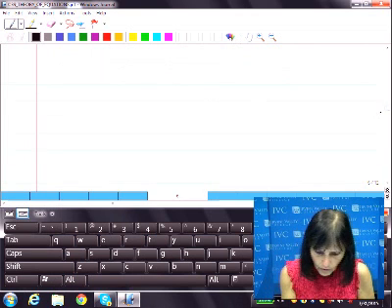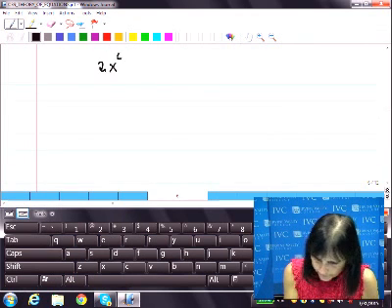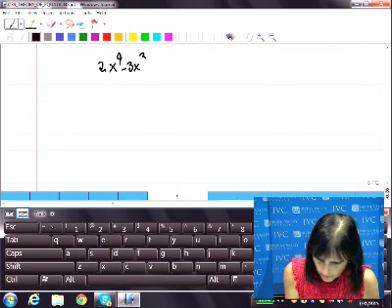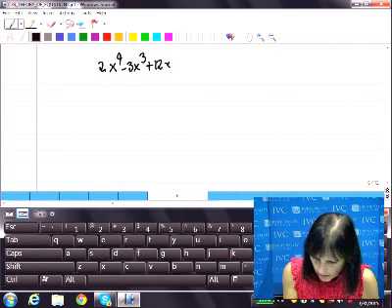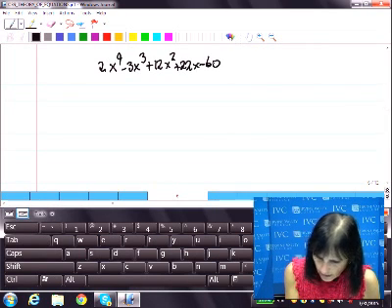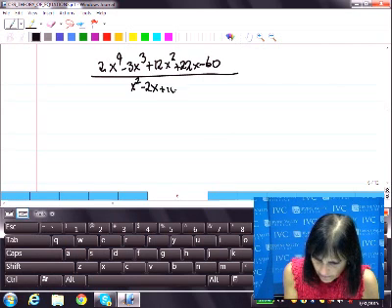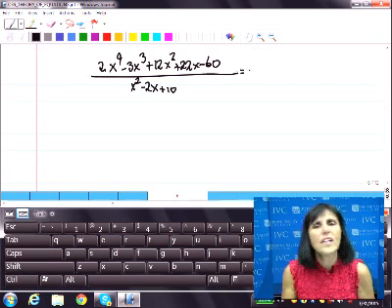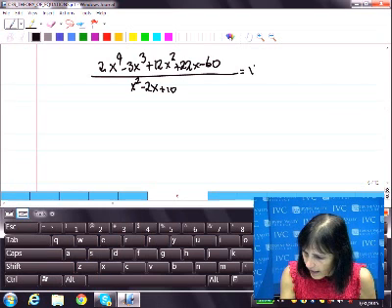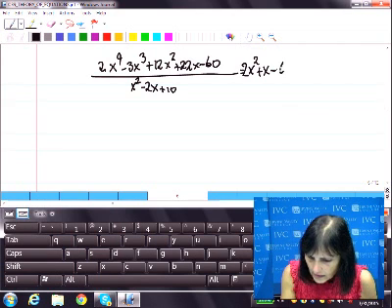What you can do is take your polynomial and divide by the factor for the 2 roots you know, which is x squared minus 2x plus 10. When you do this with synthetic division, this is what you're going to get: 2x squared plus x minus 6.